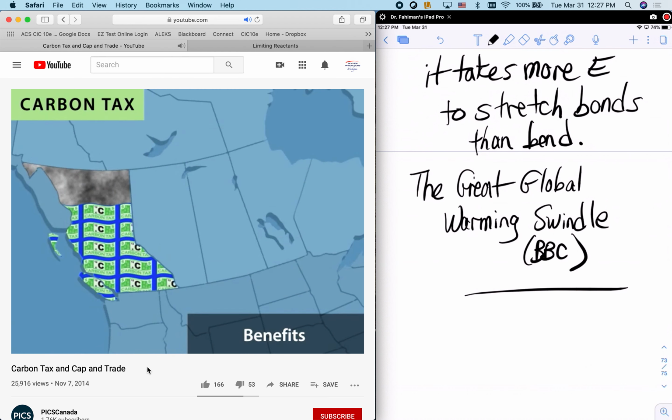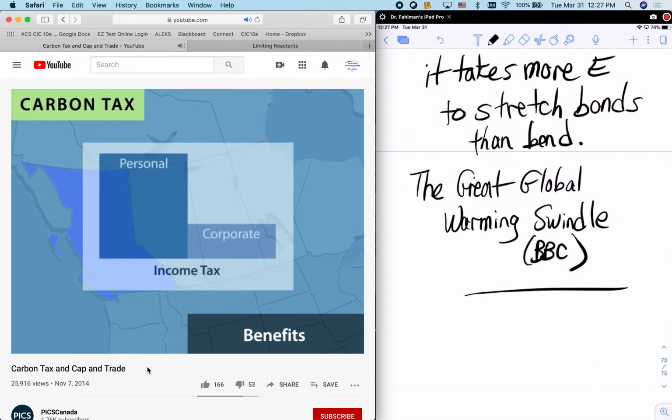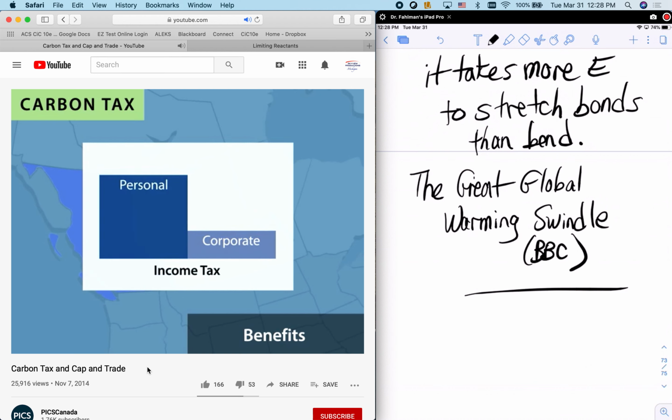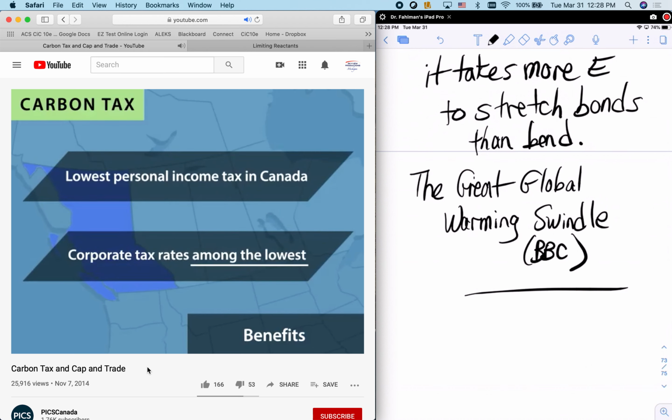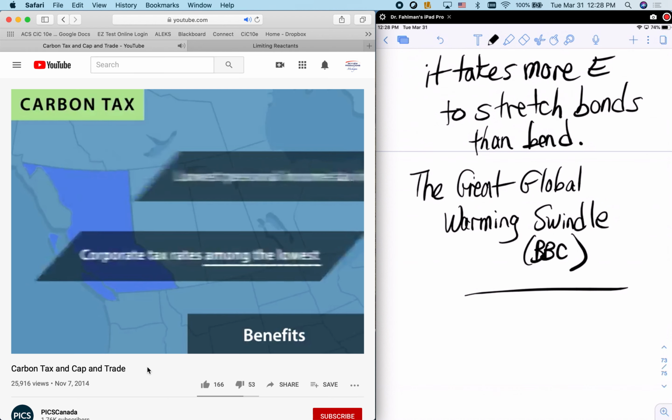What are some of the benefits? By law, all revenues from the carbon tax are used to reduce personal and corporate income taxes in the province. British Columbia now enjoys the lowest personal income tax in Canada for net incomes up to $119,000 per year, and BC's corporate income tax rate is among the lowest in the G8 countries.